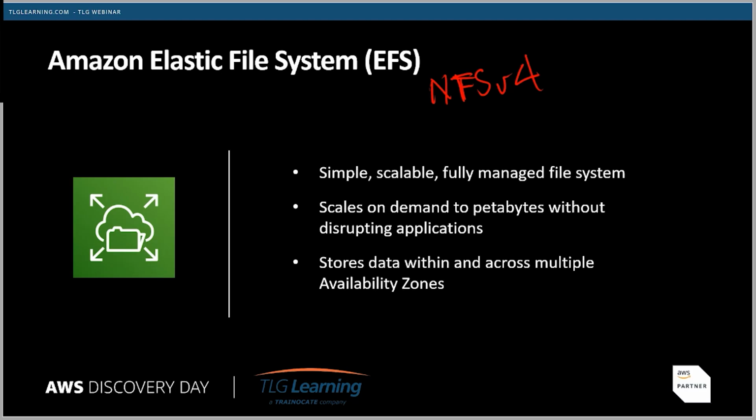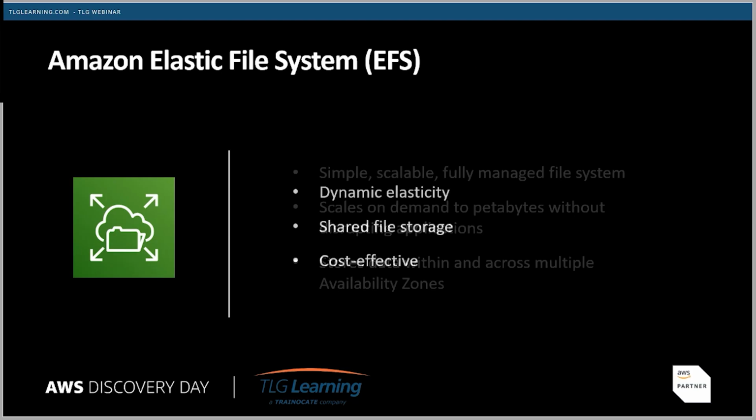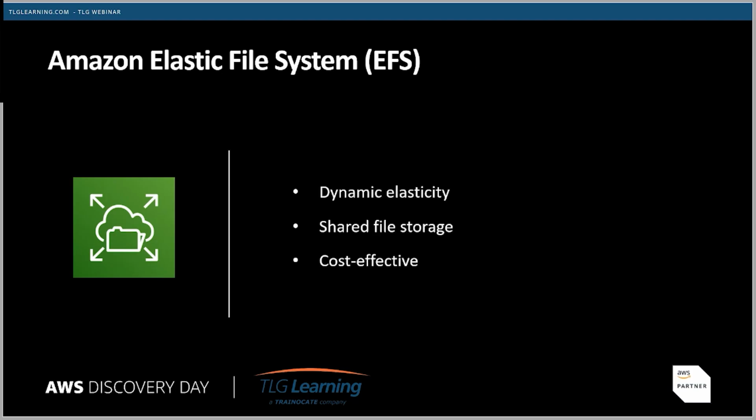And other services like containers running on AWS could read and write from an EFS file system. The shared file storage dynamically sizes, it adds capacity as necessary based on your storage needs, your storage demands.